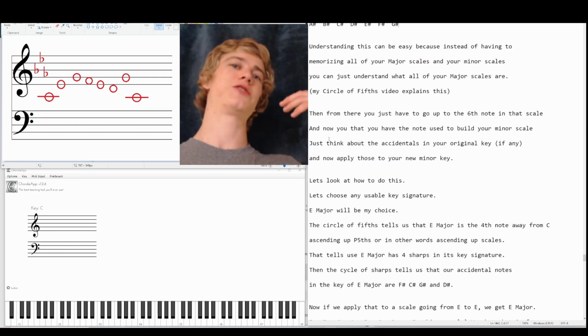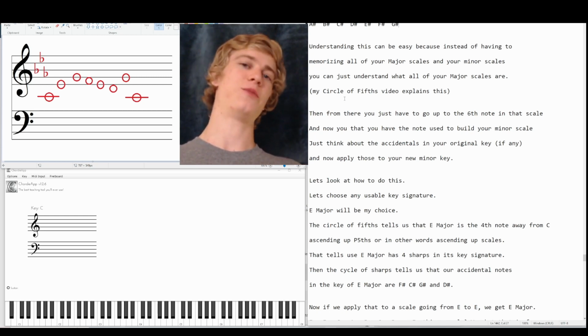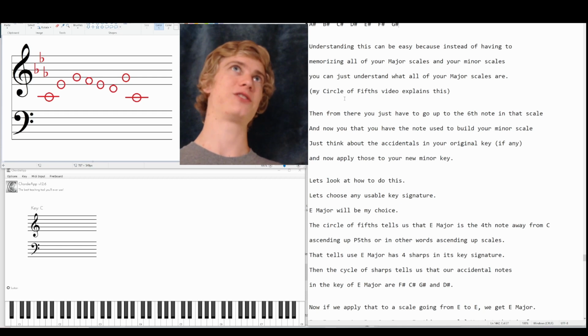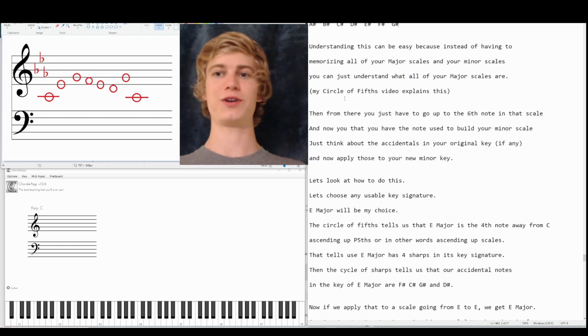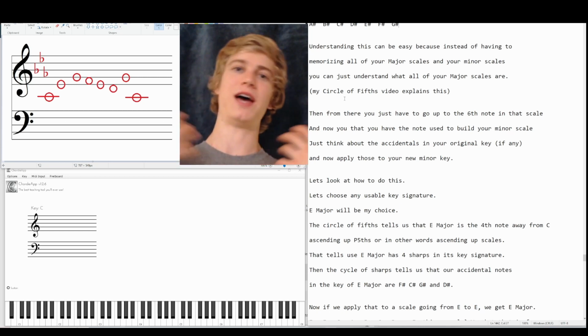So after understanding all of our major scales on the circle of fifths, we can go both ways. If we had a minor scale and we wanted to figure out which accidentals to use, we could just go up that minor third, we create our relative major, and we know which accidentals are now in that key.